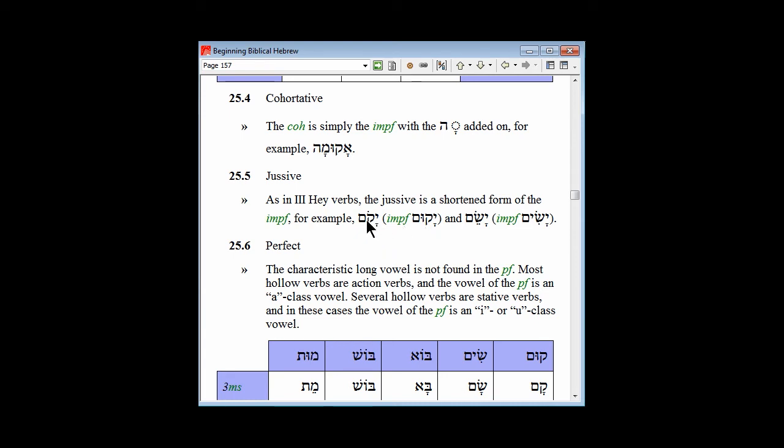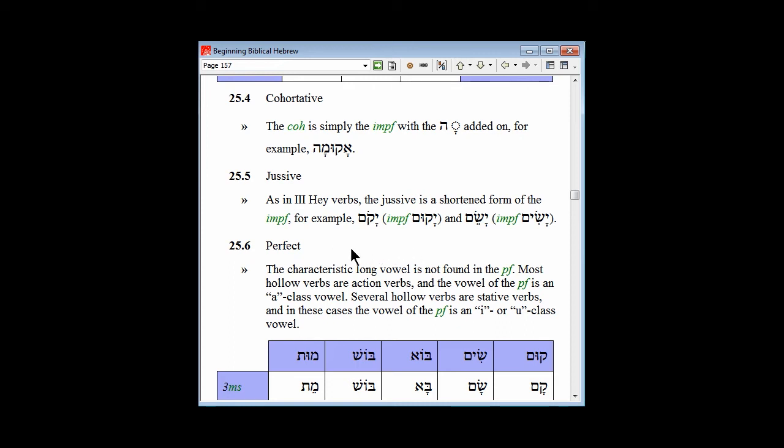And so that will be your signal, your sign that you have a jussive. Same thing down here with a middle yod hollow verb. Yasim is your imperfect, but the I-class hireq yod is going to shorten to a tsere. That'll be the short form. So again, jussives are shortened forms in many cases.